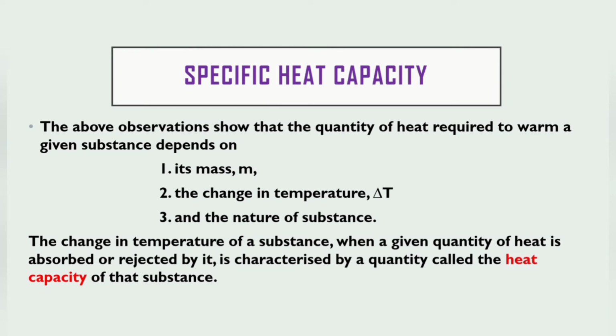So the above observations show that the quantity of heat required to warm a given substance depends first on its mass m, second on the change in temperature delta T, and third on the nature of the substance. The change in the temperature of a substance when a given quantity of heat is absorbed or rejected by it is characterized by a quantity called the heat capacity of a substance.